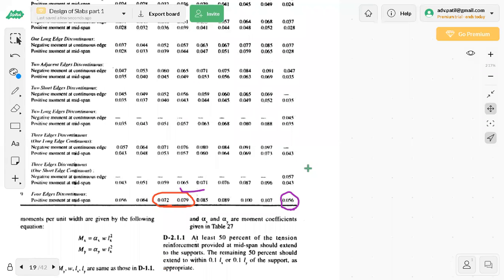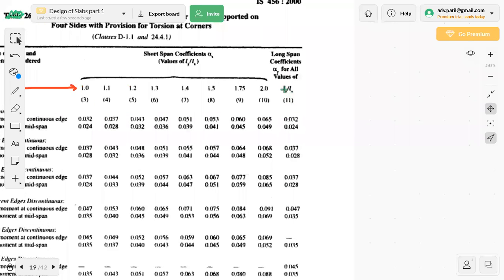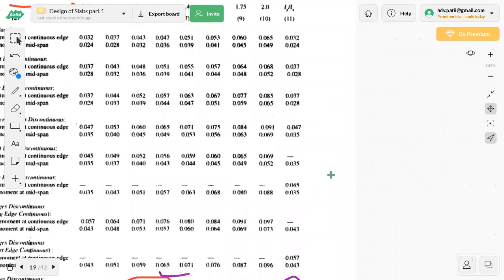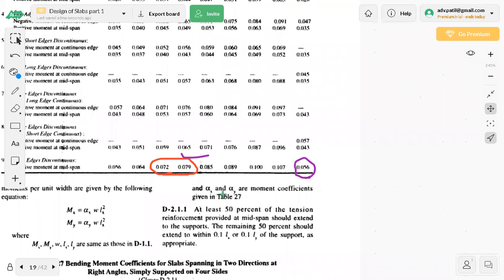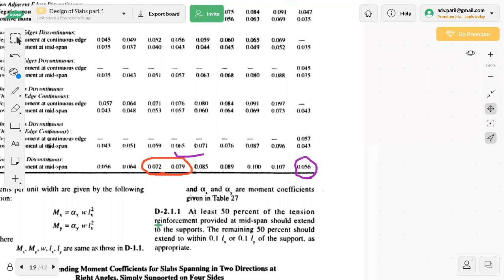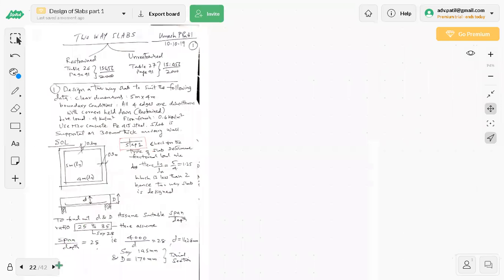So it is not difficult to find alpha y because it is fixed. What it says here is that for all values of Ly by Lx, let it be 1, 1.1, 1.2, any value of Ly by Lx, this value is fixed at 0.056. So I interpolate for alpha x, and for alpha y it is direct, no interpolation is required.